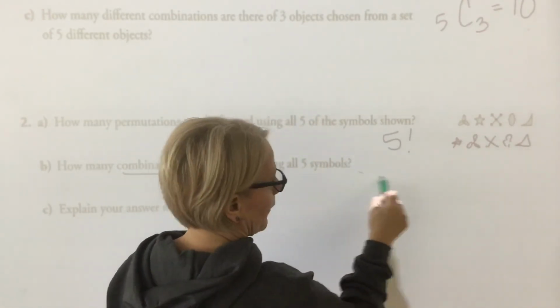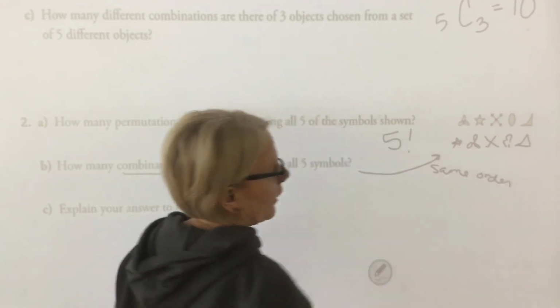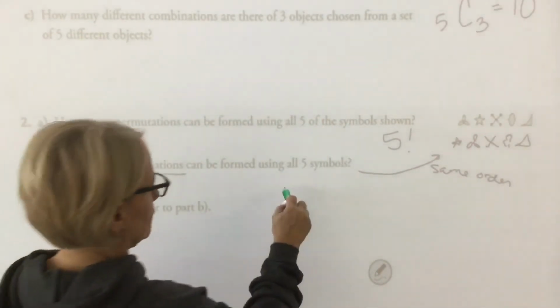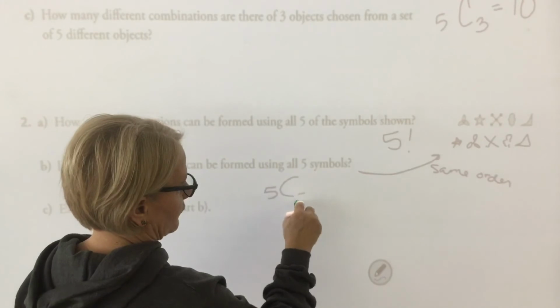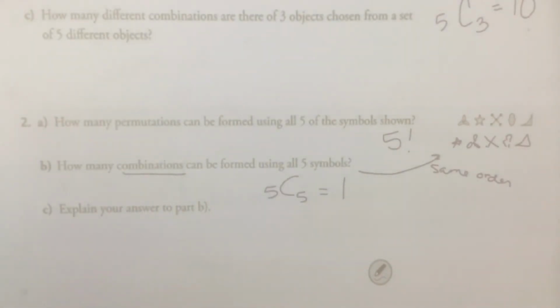So for part B, they would be the same order. So how many ways can you arrange 5 things? You could think of it as a combination, 5 choose 5, which is only one way. And then there's your explanation for part C.